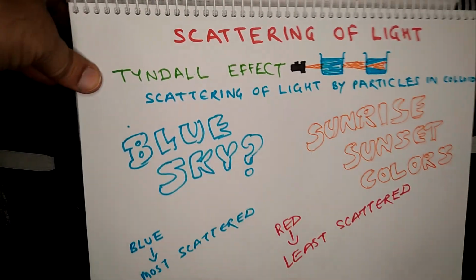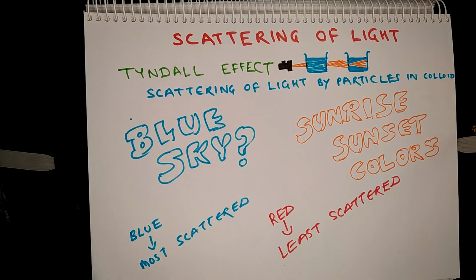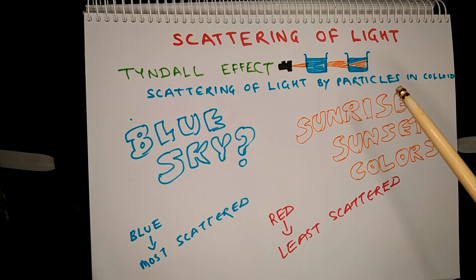Now, another phenomenon related to light is scattering of light. Whenever a ray of light strikes a small particle, it gets deviated, it gets scattered, and this is called scattering of light. The particle size should be somewhere equal to the wavelength of light.